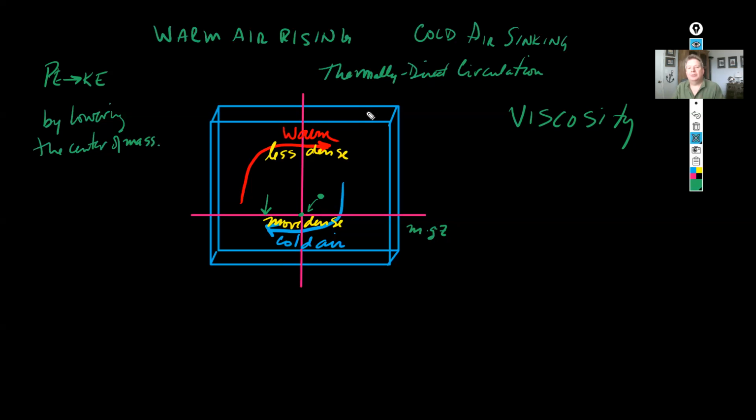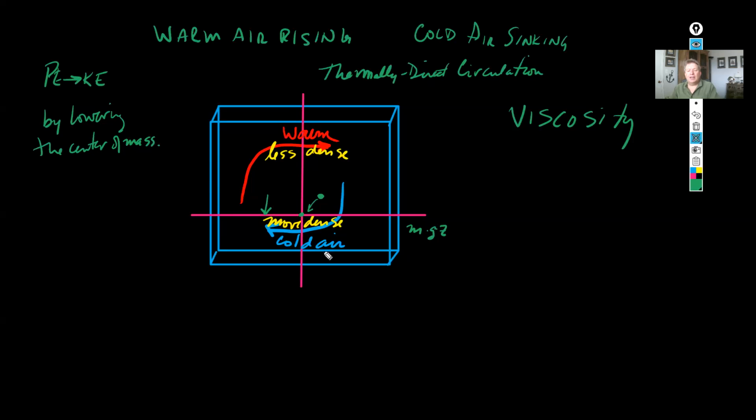A thunderstorm is a thermally direct circulation. It's converting potential energy, in this case, CAPE, into kinetic energy. So when the thunderstorm forms, it gets windier. The thunderstorm stops, the winds will eventually die down. As friction slows it down, we have viscosity. And that lowers the center of mass.